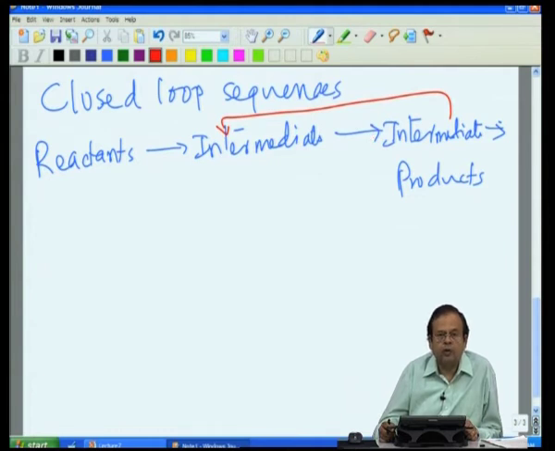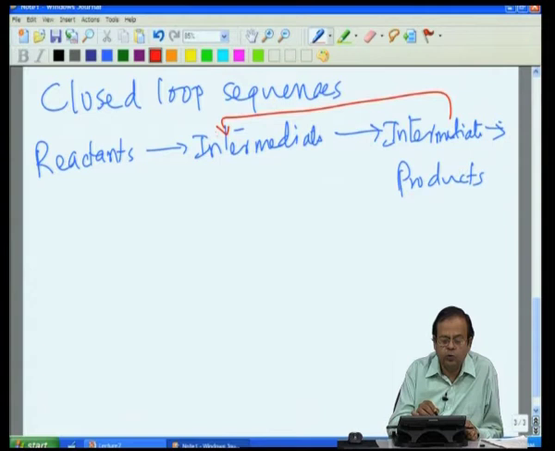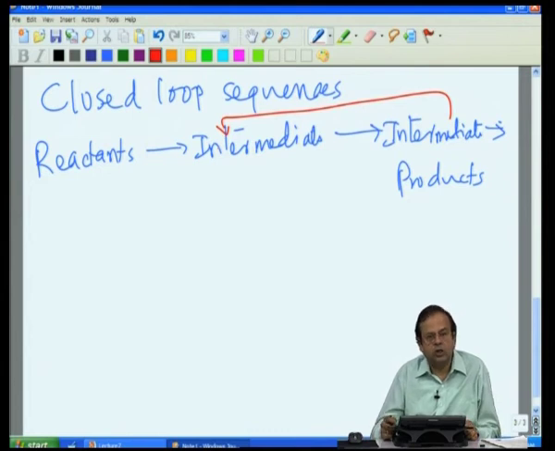You probably are familiar with control terminology, open loop control, closed loop control, and so on. So, in that sense, this is a closed loop, because you are going in one particular direction, but at some stage there is a feedback into a previous stage, and this is what makes these sequences be called closed loop sequences.